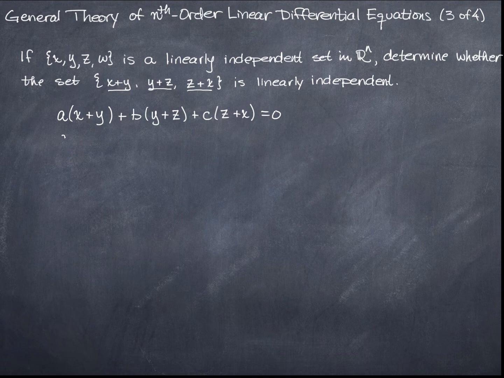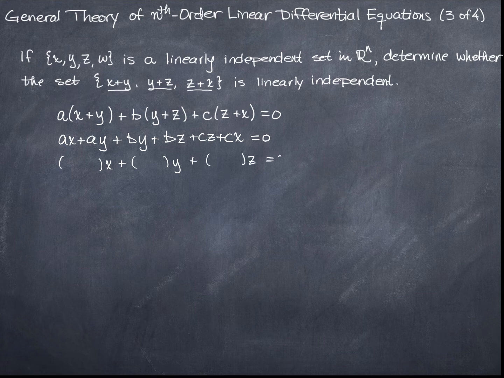And I think what I would do here is just use a little bit of algebra, do some distribution. And then redistribute this so that I have a constant in front of x plus a constant in front of y plus a constant in front of z.